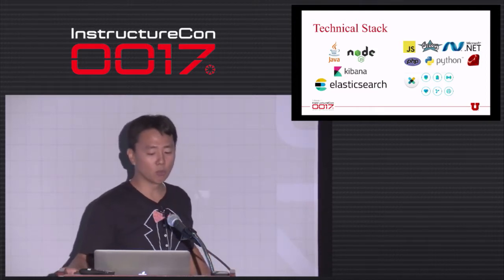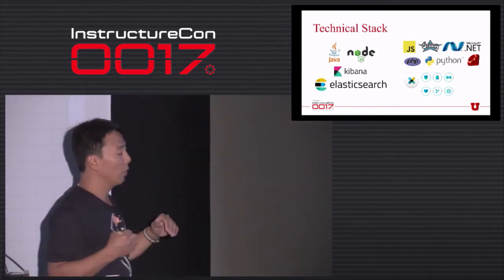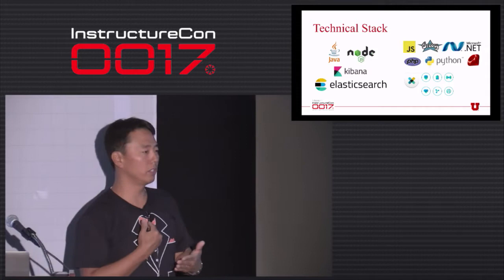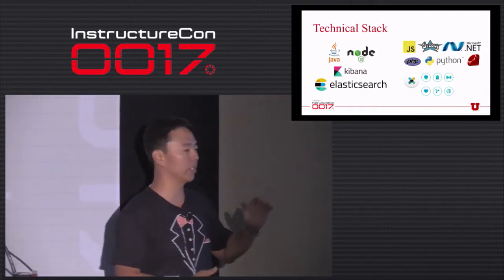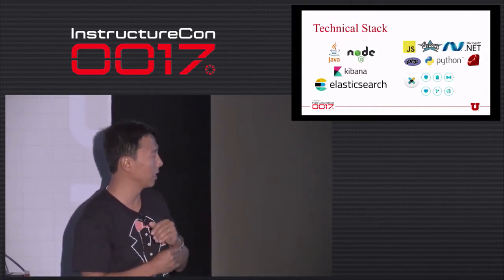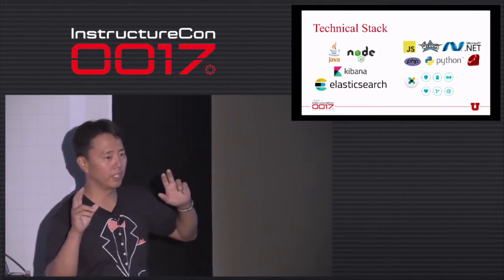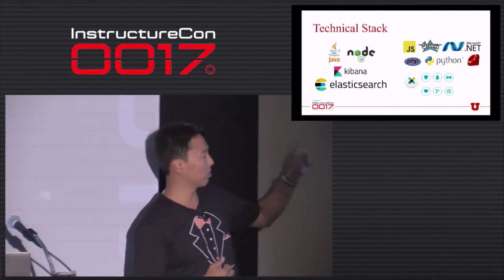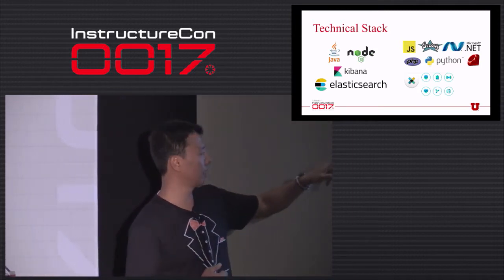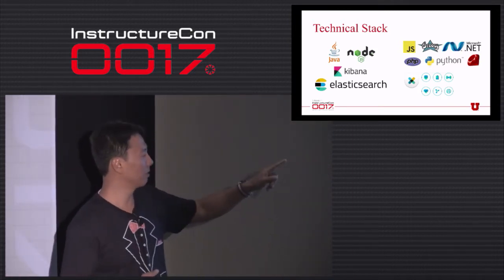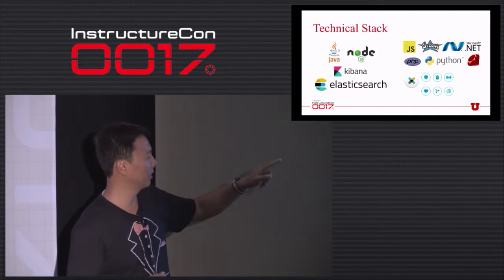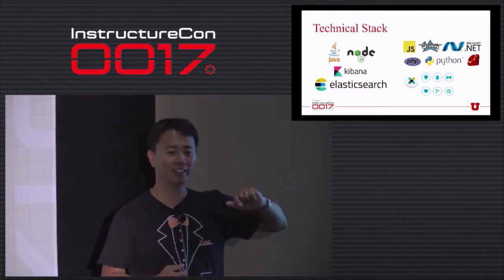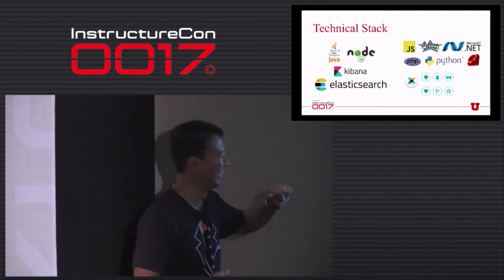And the reason we can do this quickly is that the Elastic team, the company, already provides a lot of very helpful tool libraries for Java and JavaScript, Ruby, .NET, PHP, Python, and most importantly, Ruby on Rails for Instructure.